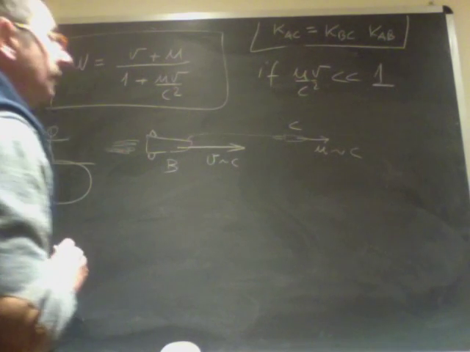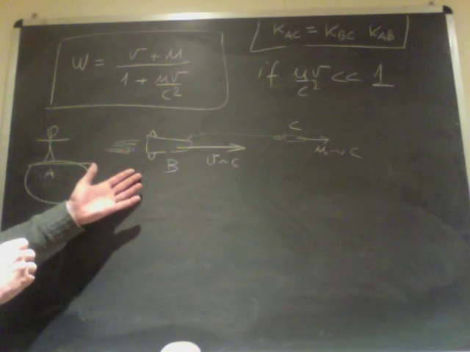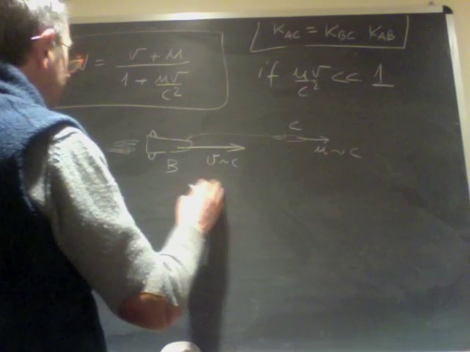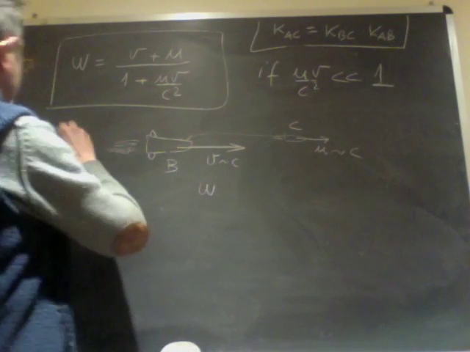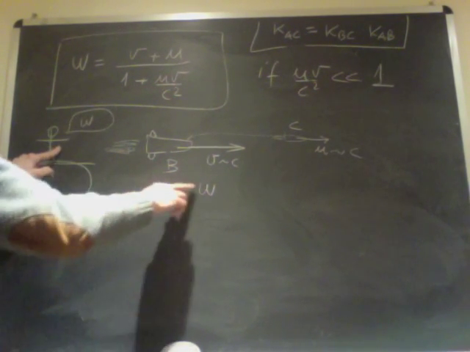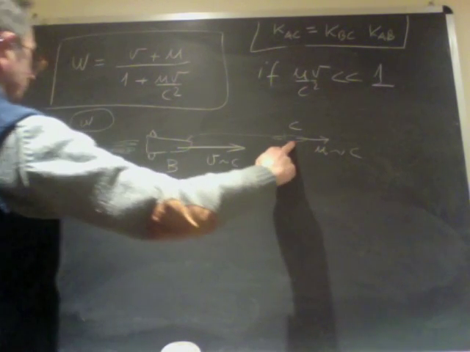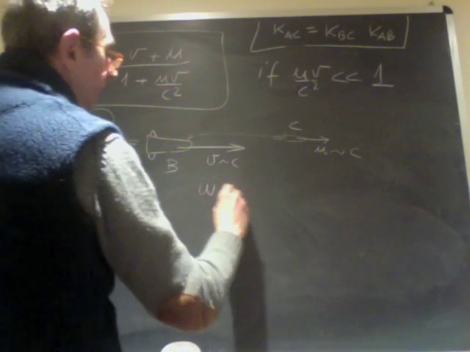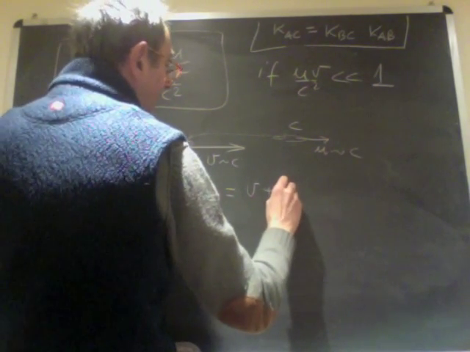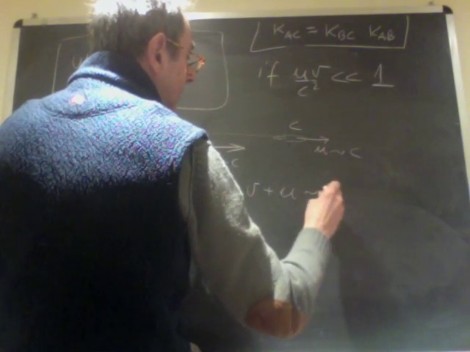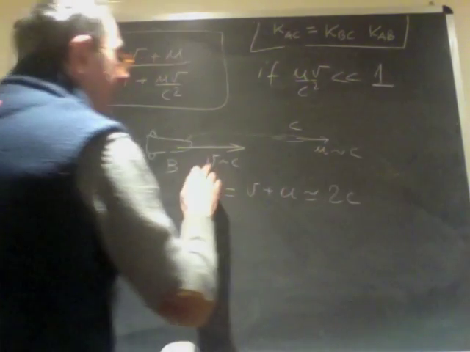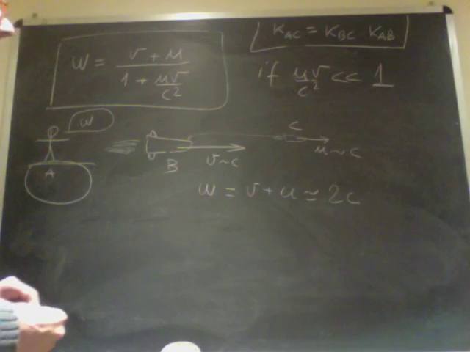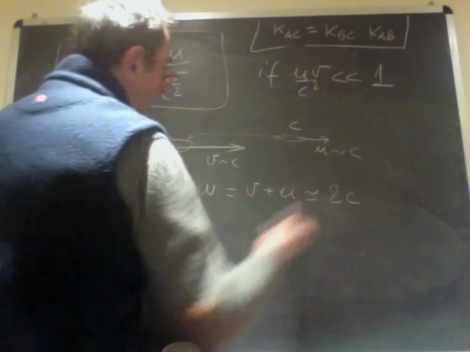So classically, using the Newtonian formula, you should find that the velocity W of the shuttle C measured by the man on the Earth should be V plus U, that is about twice the speed of light, adding these two speeds together. But it is not possible, as you know.